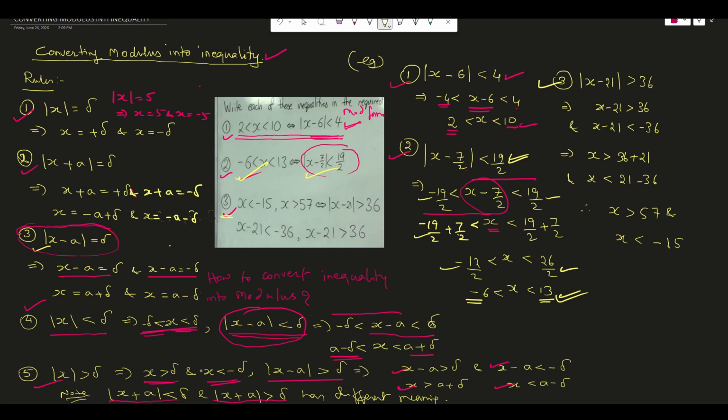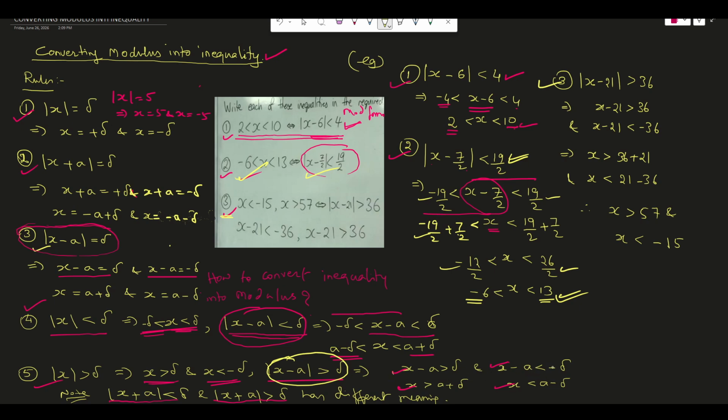So here we are going to use the rule pertaining to the greater than sign, that is this fifth one. Modulus of x minus a greater than delta means that x minus a will be greater than delta and x minus a will be less than minus delta.